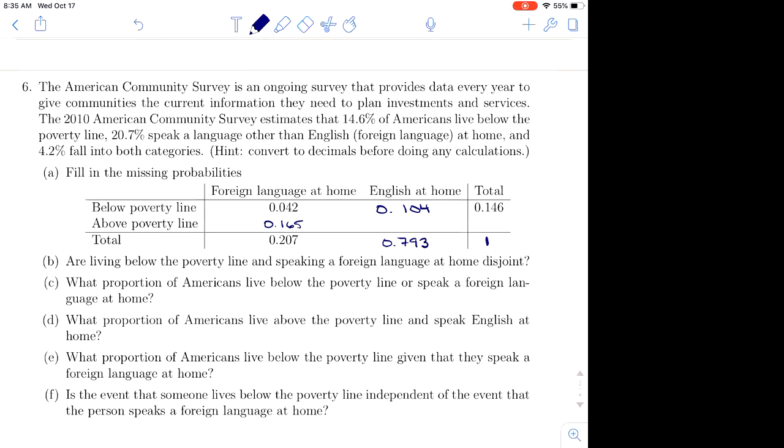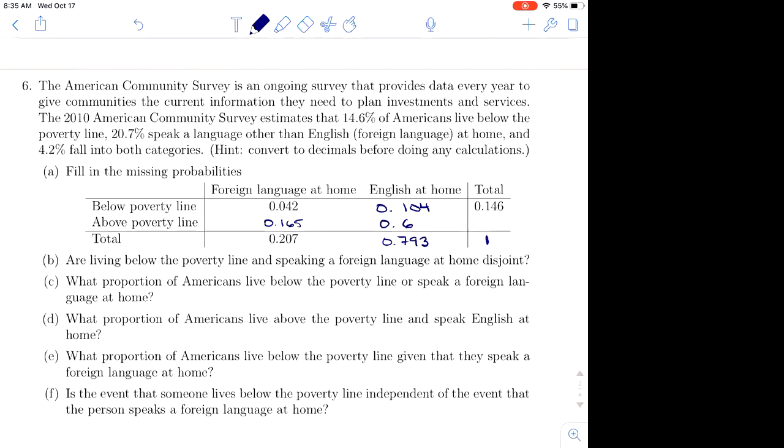Now I can use that probability to find the next probability: being above the poverty line and speaking English at home. That's going to be 0.793 minus 0.104, those who are below the poverty line but speak English at home, which is 0.689.